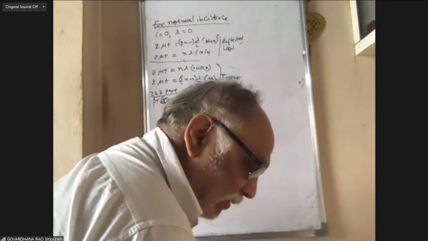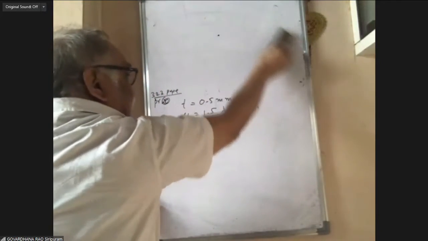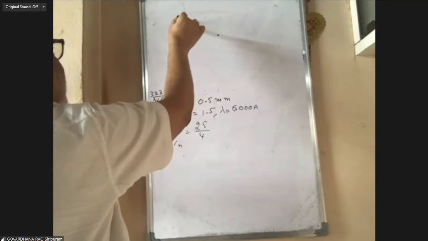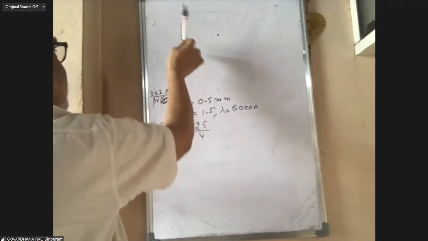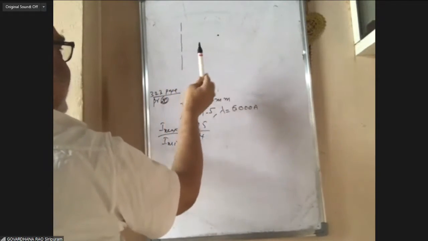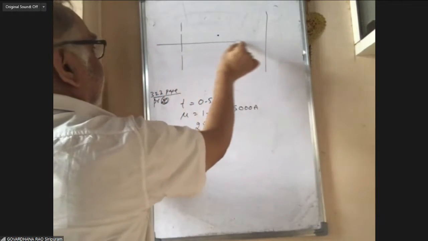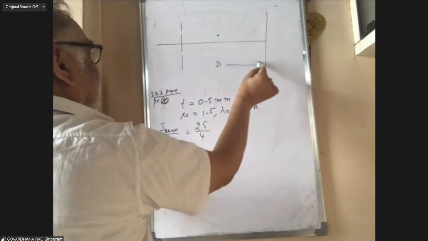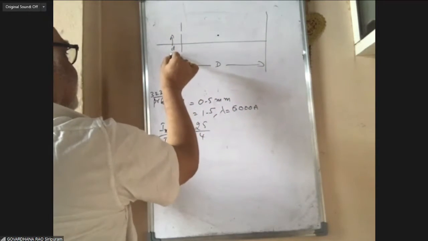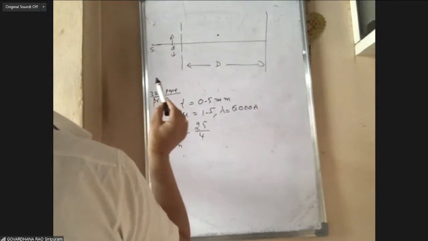What is the question asking? This is the two slits, this is the screen, this is D, this is small d, and this is the point source.